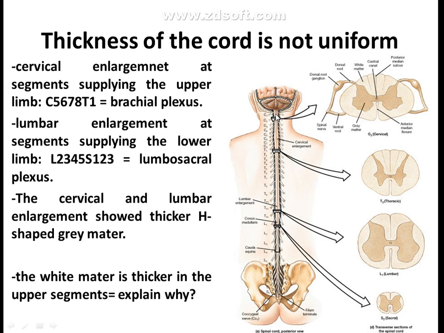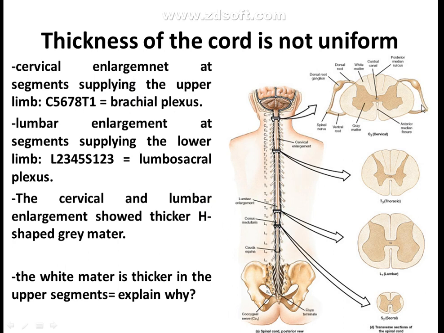The spinal cord is sometimes described as a cylindrical structure running inside the vertebral canal. But actually, the cylindrical spinal cord running inside the vertebral canal is not of uniform thickness. Some regions of the spinal cord are thicker or larger than other regions.